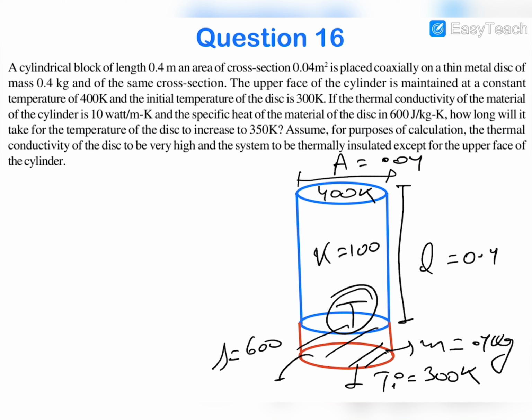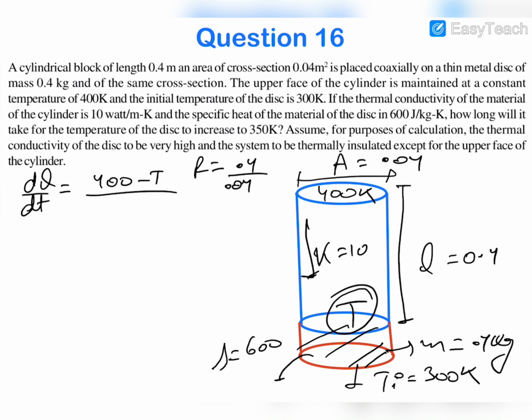So let us see what the heat current dQ by dt going in the downward direction will be. It will be equal to 400 minus T at any time t divided by resistance R, where R will be equal to 0.4 upon 0.04 into K, and K is 10.